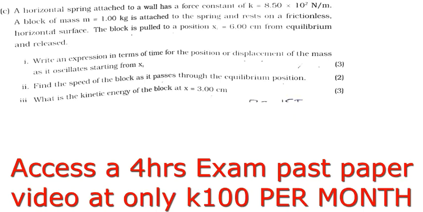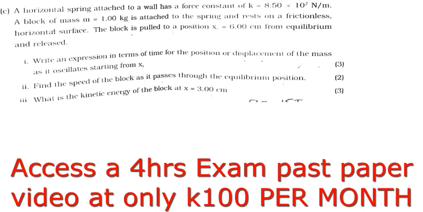Part A: write an expression in terms of time for the position or displacement of the mass as it oscillates starting from x. Part B: find the speed of the block as it passes through the equilibrium position. Part C: what is the kinetic energy of the block at x equal to 3.